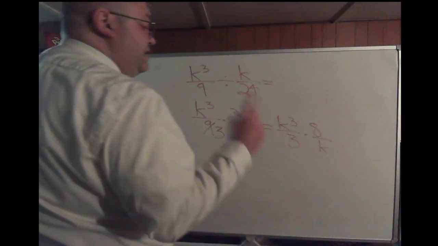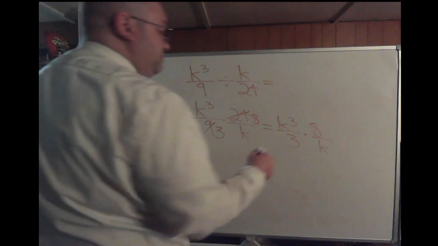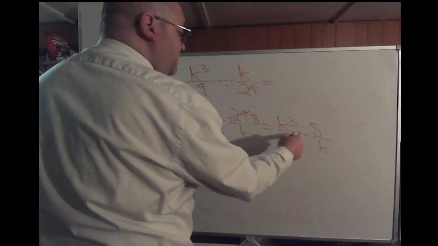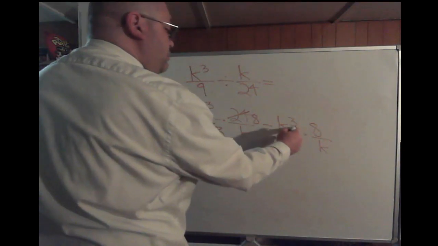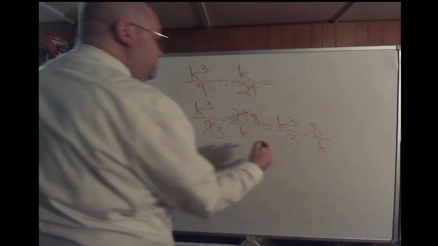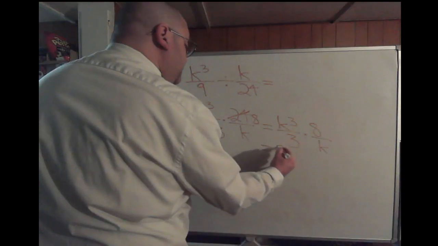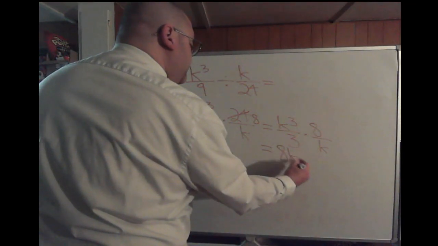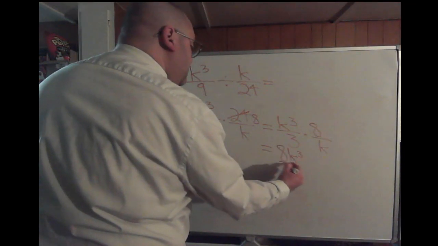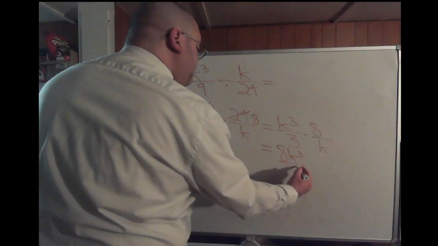Now I would go ahead and do the multiplication, because we have the same variable, but one is raised to a higher power. In this case, you'll get 8k to the third power over 3k.